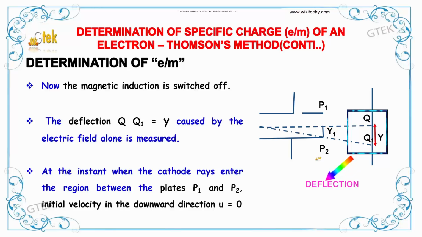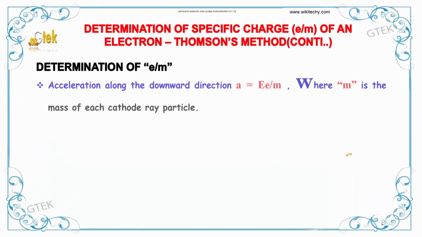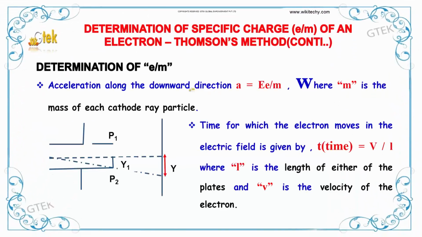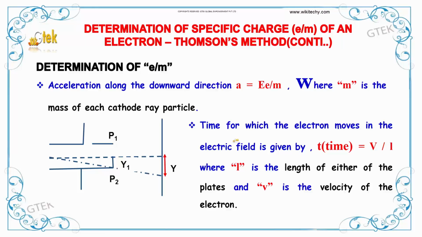the initial velocity in the downward direction is u equal to 0. The acceleration along the downward direction a is equal to eE divided by m, where m is the mass of each cathode ray particle. The time for which the electron moves in the electric field is t equal to L divided by v, where L is the length of either of the plates and v is the velocity of the electron.